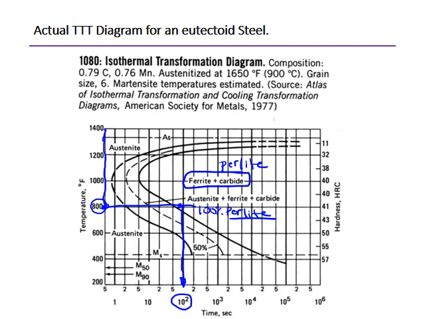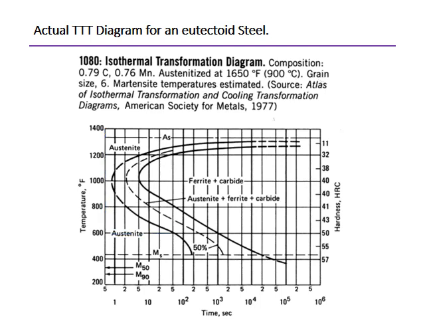So in using these diagrams, you have to think about quenching, which is a straight vertical line, depending on the temperature that you are quenching. Then you have to wait for transformation to happen. If you wait only this amount of time, then transformation will not start. Transformation needs more time for it to start.